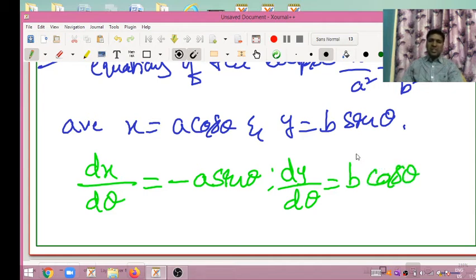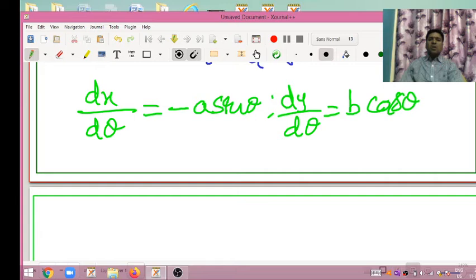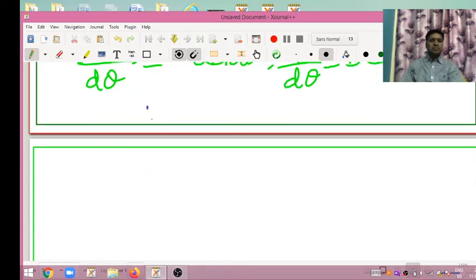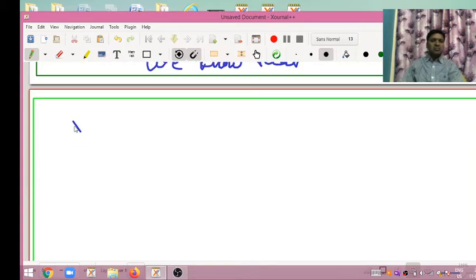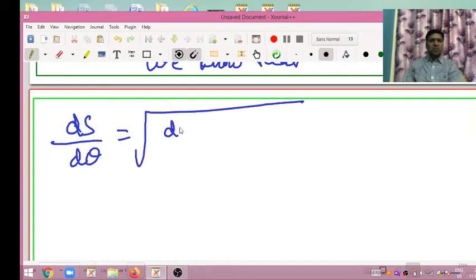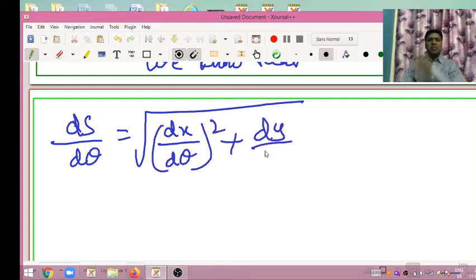And here we know that ds by d theta value is square root of dx by d theta whole square plus dy by d theta whole square, my dear friends.